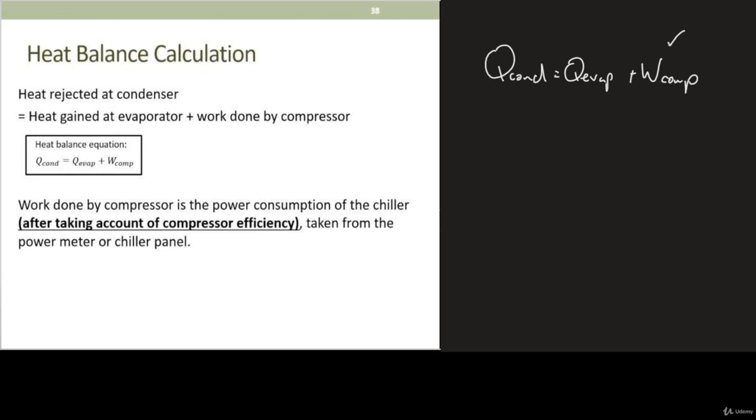Because you have your condenser calculation from BMS, you also have your Q evap that we did in the first example. If you subtract them, you will be able to find the work done by the compressor.